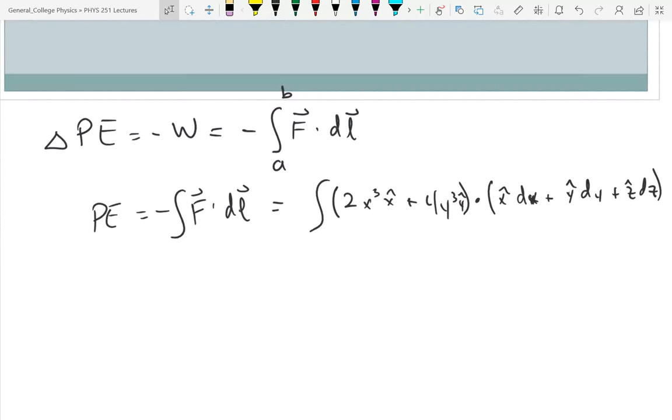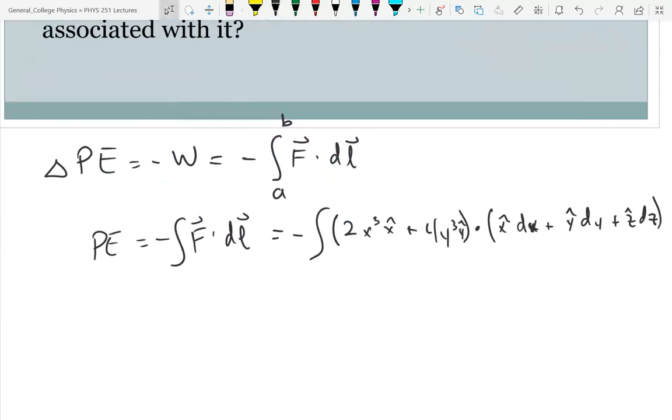Dot product means you're multiplying the parallel parts. So x hat is parallel to x hat, y hat is parallel to y hat, z hat is parallel to z hat. Question, Caitlin? Where did the negative go? It was a mistake on my part. Thank you. I could point it out in others, and I make the mistake myself because, hey, we're all human.